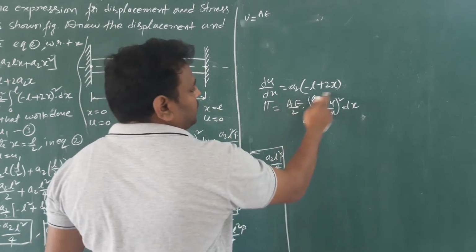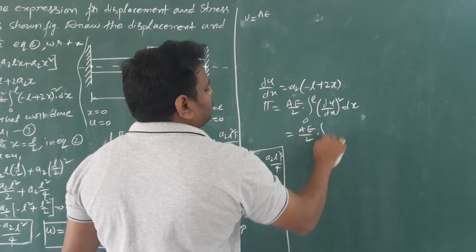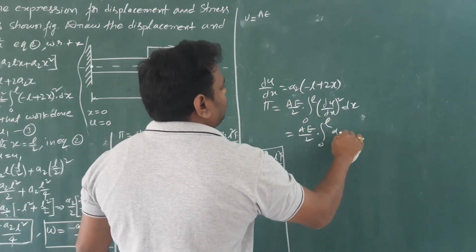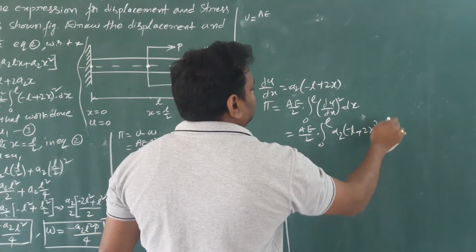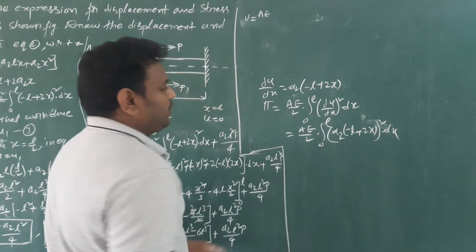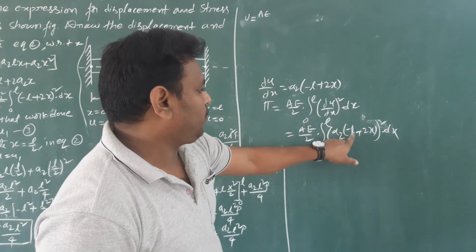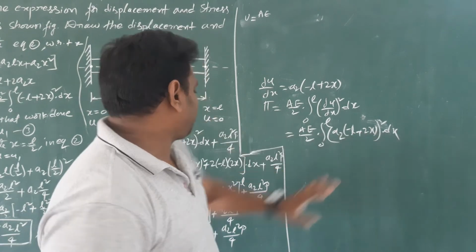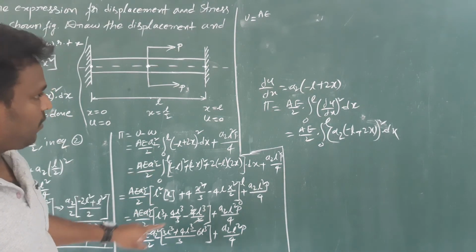So dou U by dou x means this: AE by 2 into 0 to L, A2 into minus L plus 2x, whole square, into dx. After squaring, that is A2 square into minus L plus 2x whole square, so this is also A2 square.